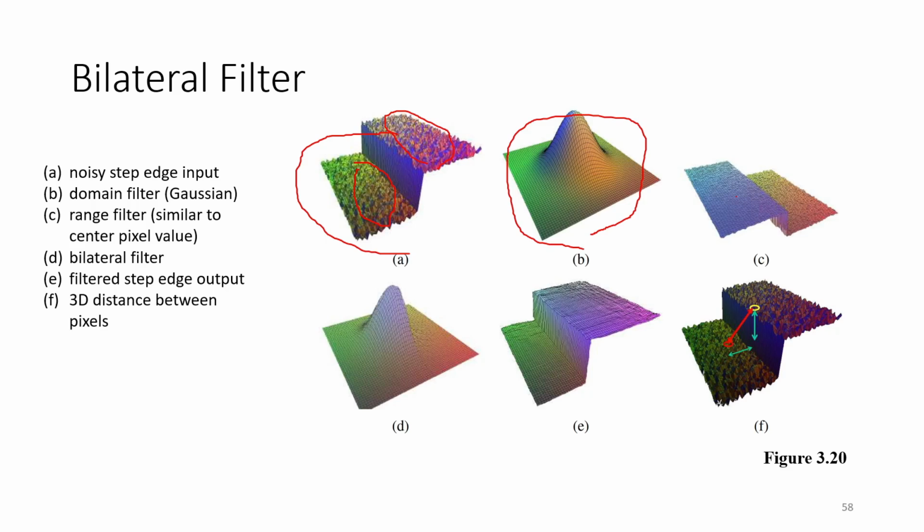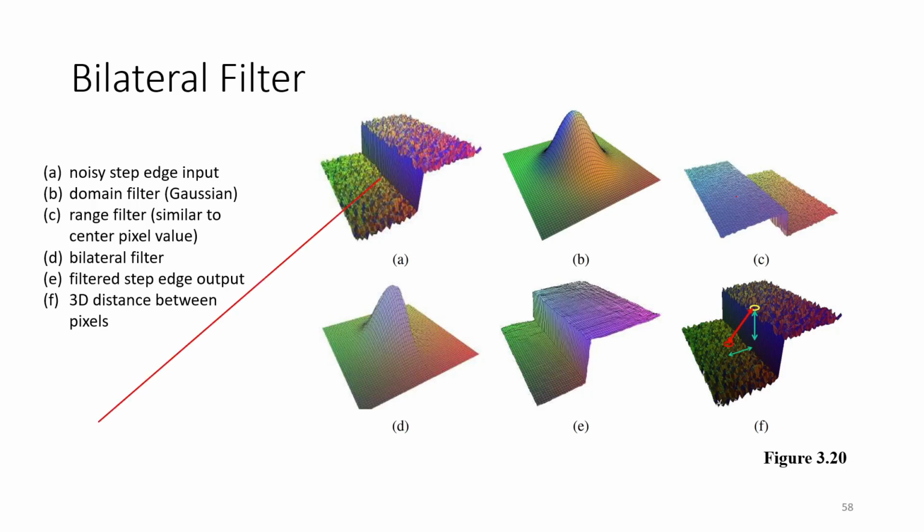So in this case, if we have a pixel at the center, here, at the darker side, then the range filter means for another pixel here, how similar are the two pixel values.